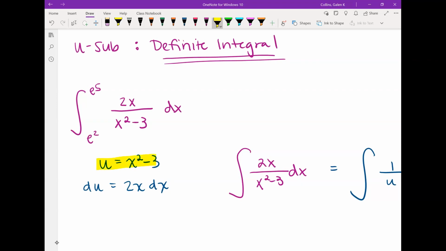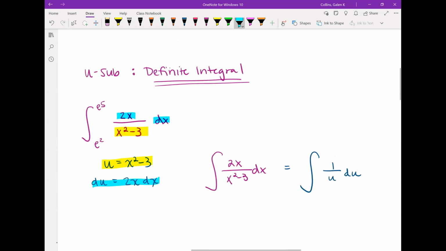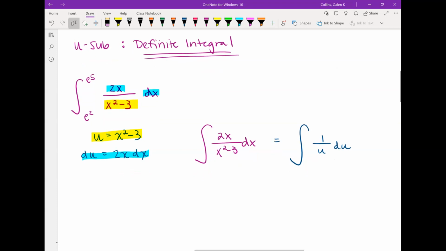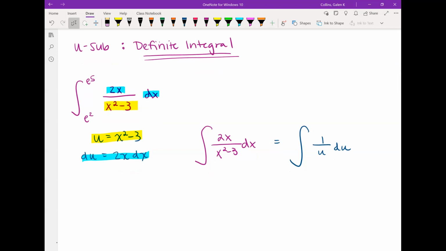So we said if we do our u sub, that u is this junk on the bottom, du is the 2x dx, and we already know that we've got 1 over u when I do the u sub. So we have two choices here, and usually I'll tell you what I think is the easiest. So you might notice that over here I left off the limits of integration.